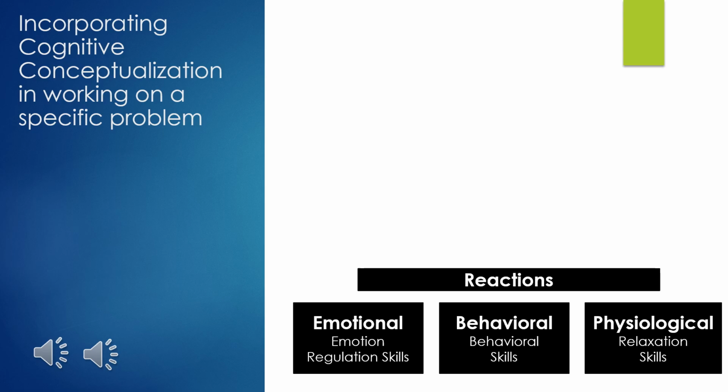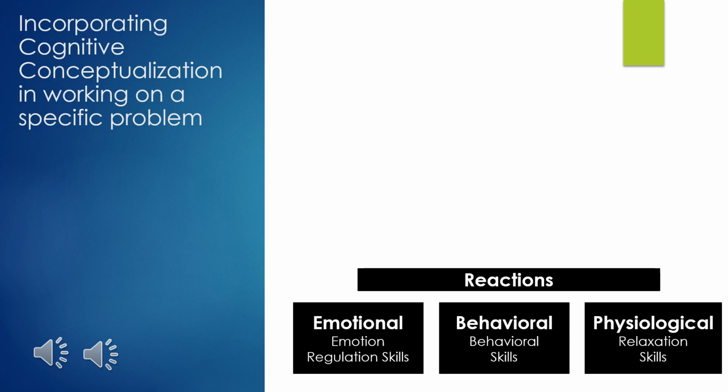If you've identified emotional problems, maybe you will teach emotion regulation skills, and that will be the specific problem you are working on. If you've identified behavioral problems, you can teach some behavioral skills. If you identify a physiological problem as the priority, then you can teach relaxation skills, right?